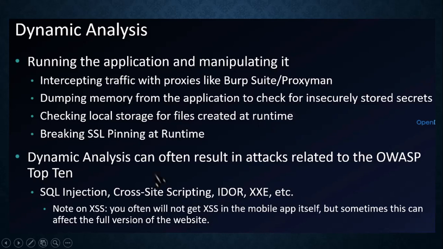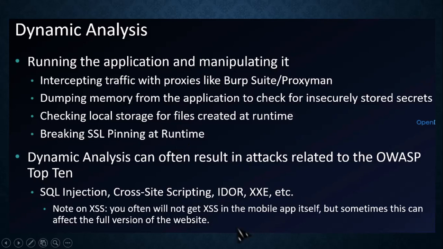You break SSL pinning at runtime. What is SSL pinning? SSL pinning prevents the app from passing through a proxy like Burp Suite. Some apps do not allow you to pass through Burp Suite. So you break SSL pinning so that it will pass through Burp Suite and you manipulate it.